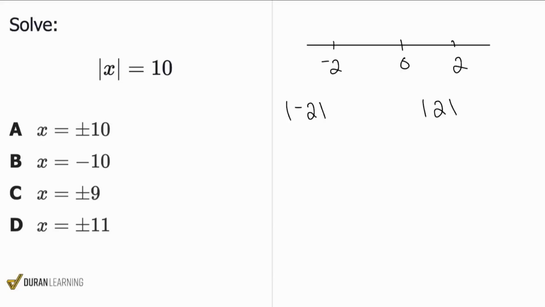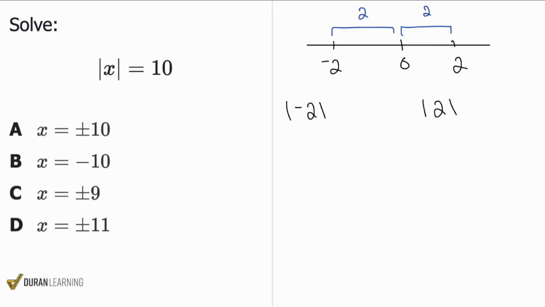That's all that means. If I go back to -2 or forward to +2, the distance is still going to be 2. That's the idea here.